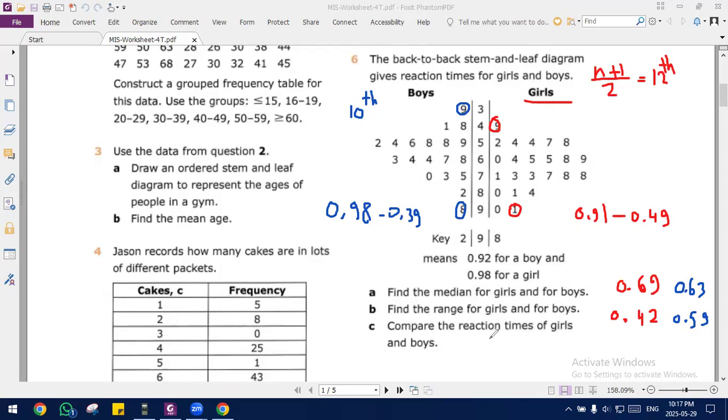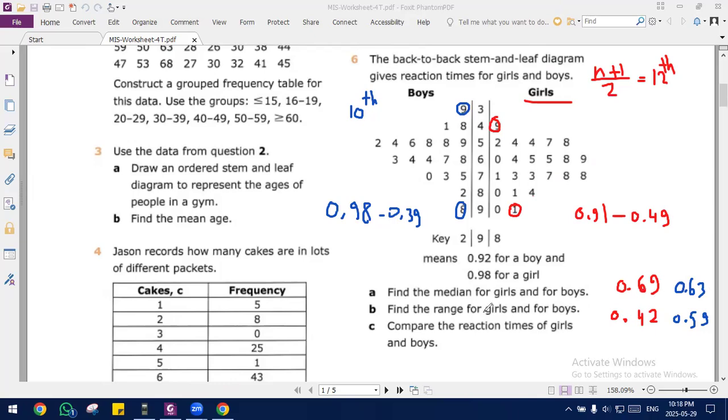How do I compare them? Since I have the median for boys and girls, let's compare the median and then the range. Boys in blue, girls in red. Let's check the median. Whose median is higher? In red, 0.69, the girls. So you say that girls have a higher median than boys.